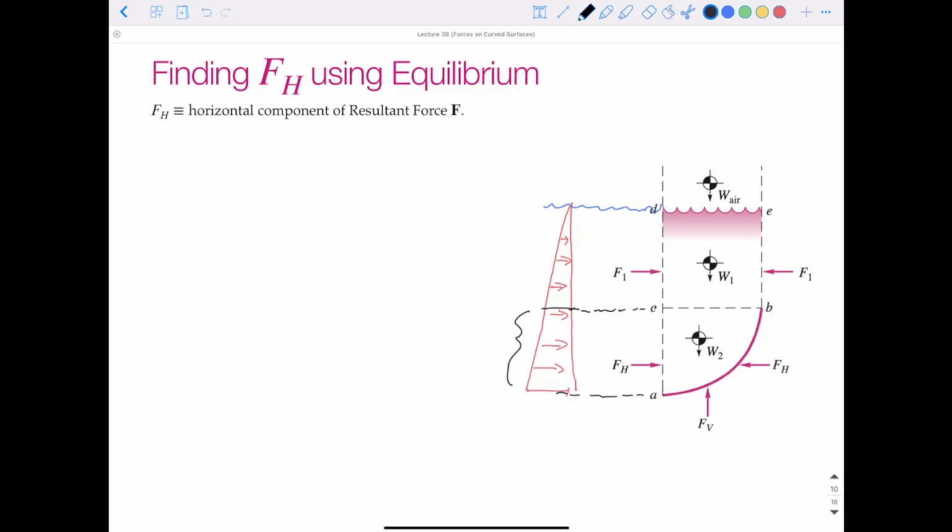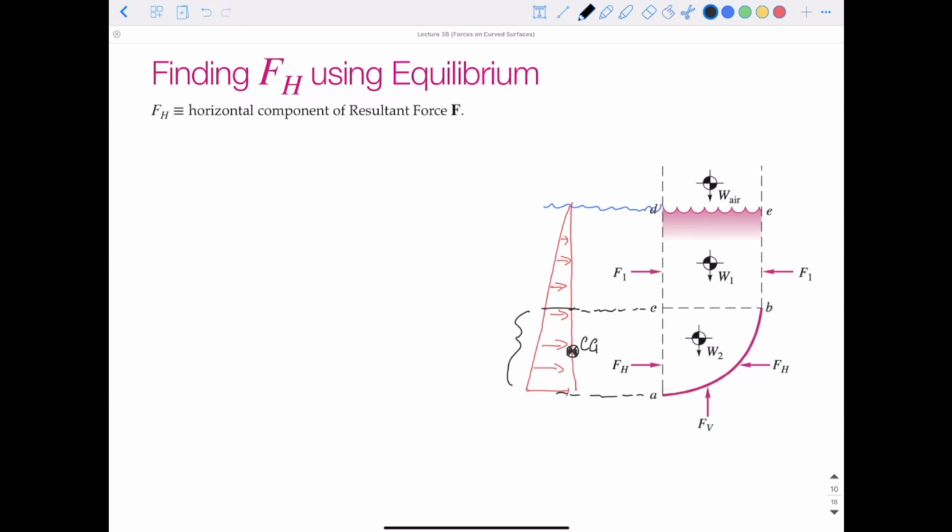So if we just think of this as a distributed load, we can calculate the total amount of the distributed load using the pressure at the center of gravity of the horizontal projected shape. So our center of gravity for the projection, if we have a regular shape, is going to be somewhere near the middle. So that's our center of gravity.